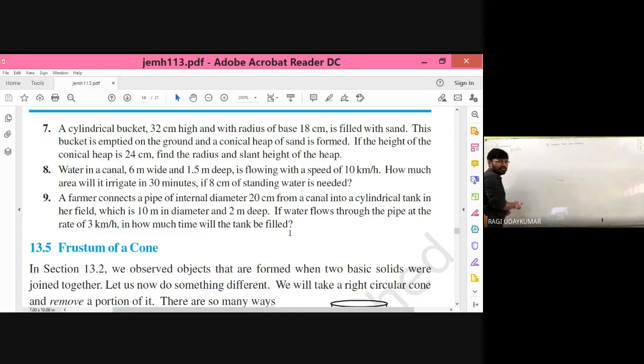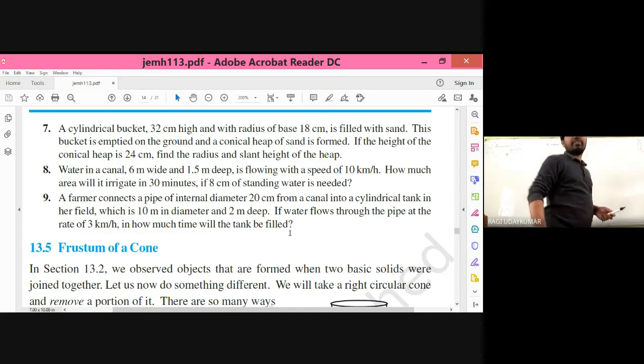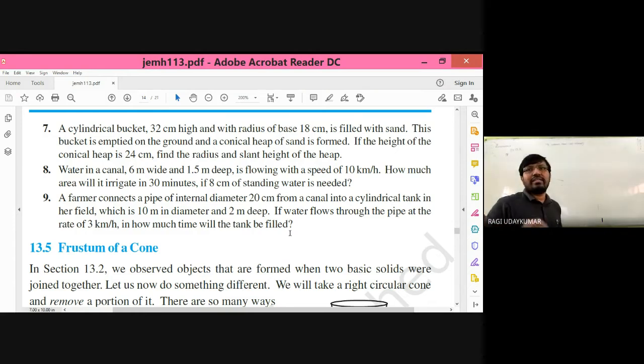Question number 7: A cylindrical bucket of height 32 centimeters and with radius of the base 18 centimeters is filled with sand. This bucket is emptied on the ground and a conical heap of sand is formed. If the height of the conical heap is 24 centimeters, find the radius and slant height of the heap.